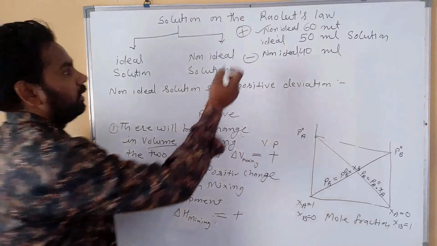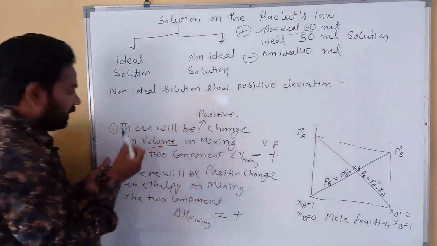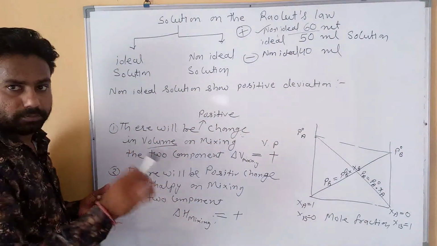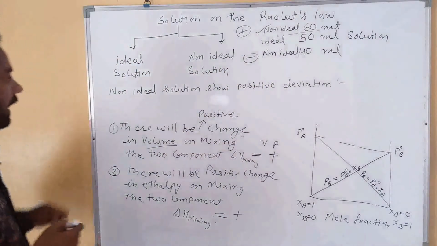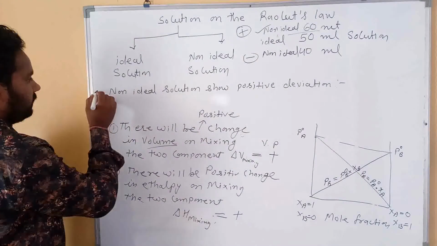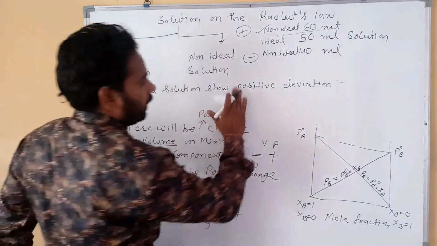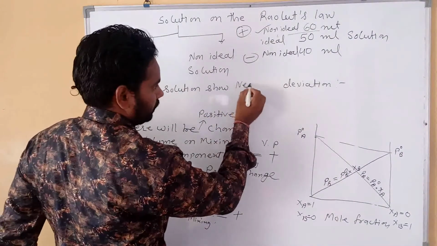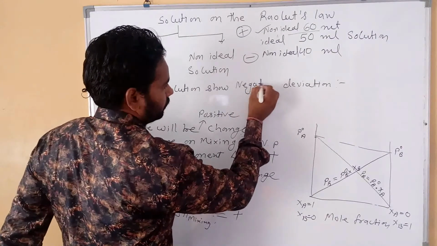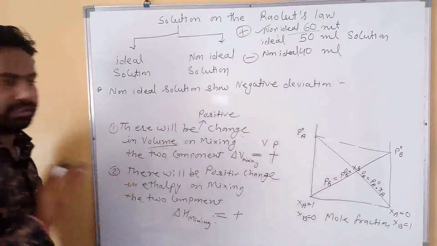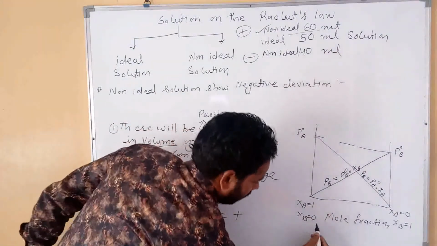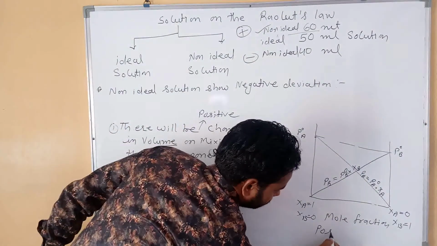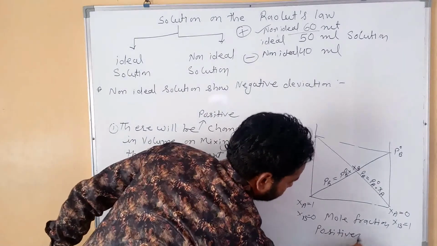So we said non-ideal positive deviations. Then there is a graph for positive deviation.